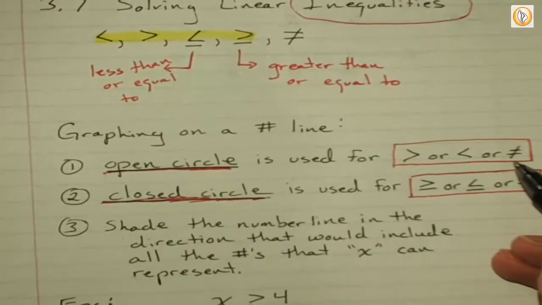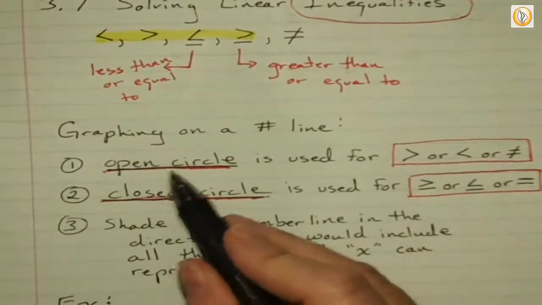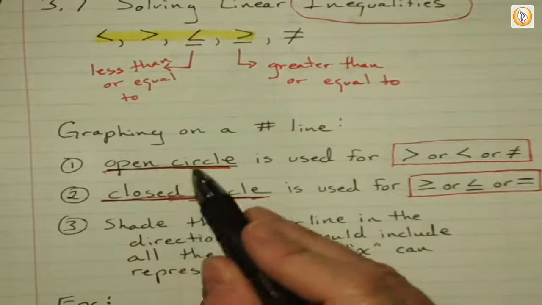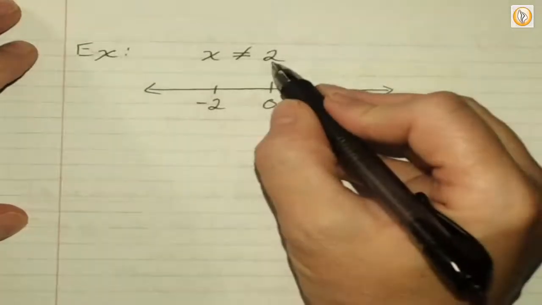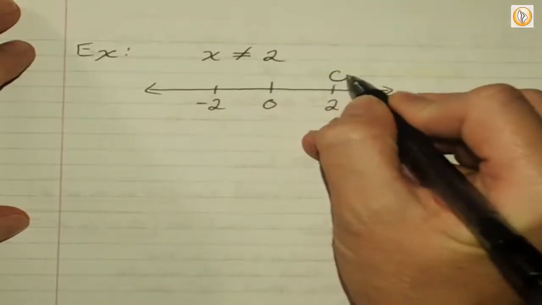Does not equal, and it's an open circle. So we're going to put the open circle, that's a positive 2. We're going to put it over here.